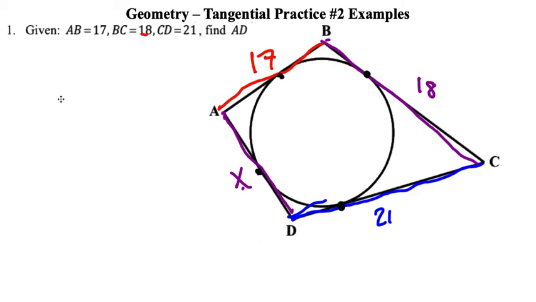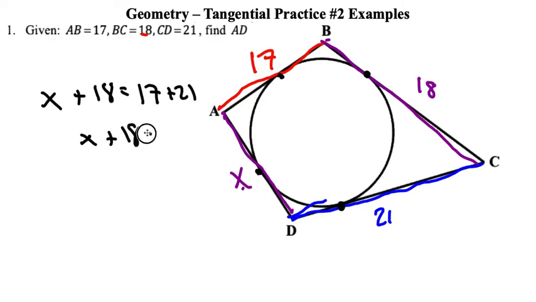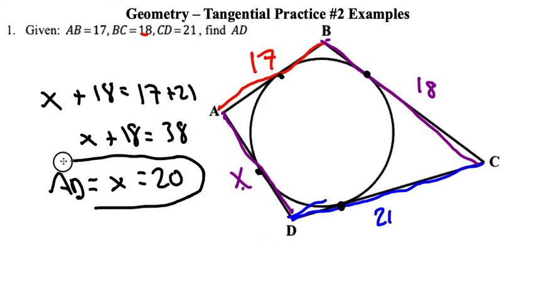That means that the sum of the opposite sides, so x plus 18, is equal to 17 plus 21, which means x plus 18 equals 38. Subtract 18 from both sides. AD, which is our x, right, is equal to 20. And please note, because it is saying a length, we don't need to put the line on top.